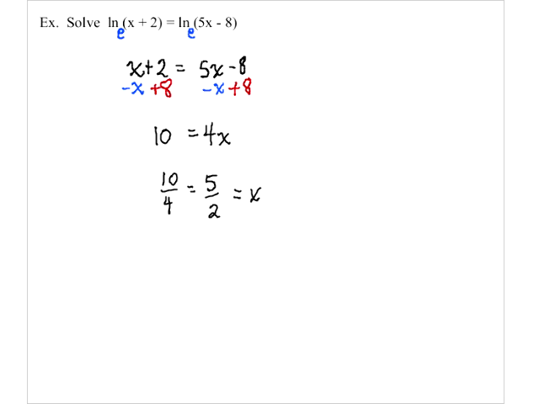Now, one thing you should note: if I take this 5/2 and plug it in here, 5/2 plus 2 is positive. 5/2 times 5 is 25/2, that's 12.5, minus 8, which is positive as well. So it works in both of them, so it satisfies the domain.